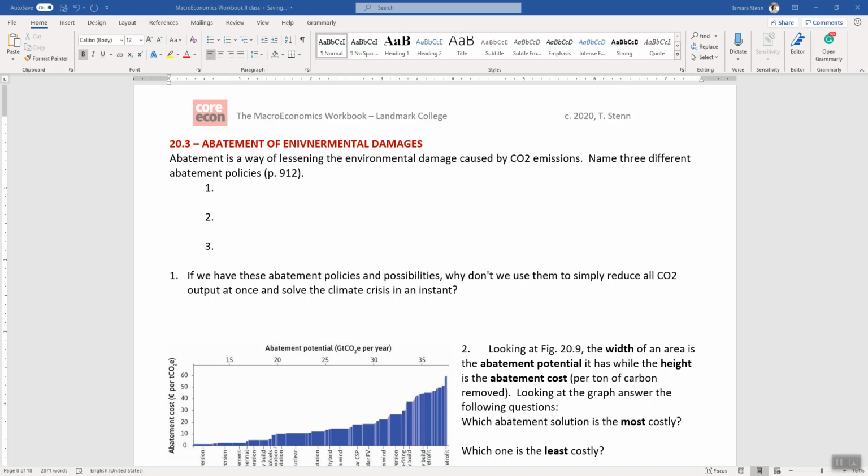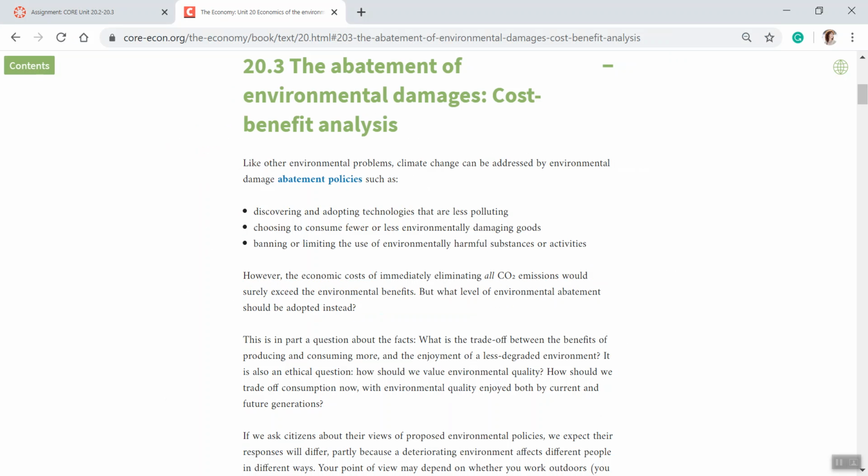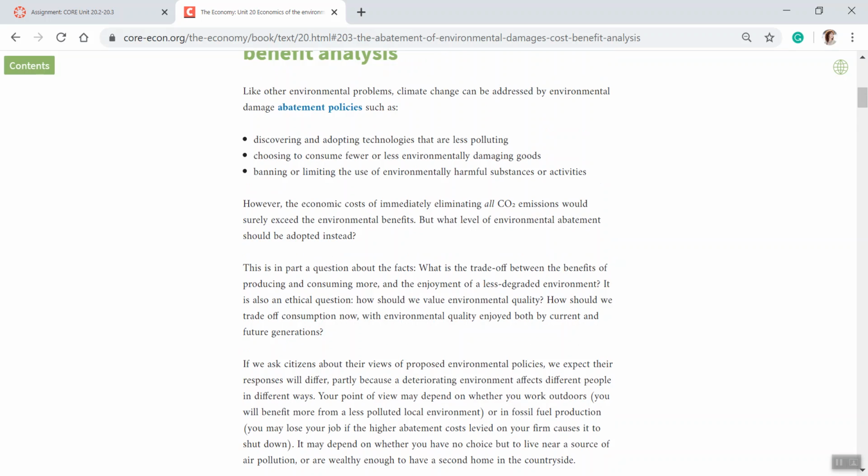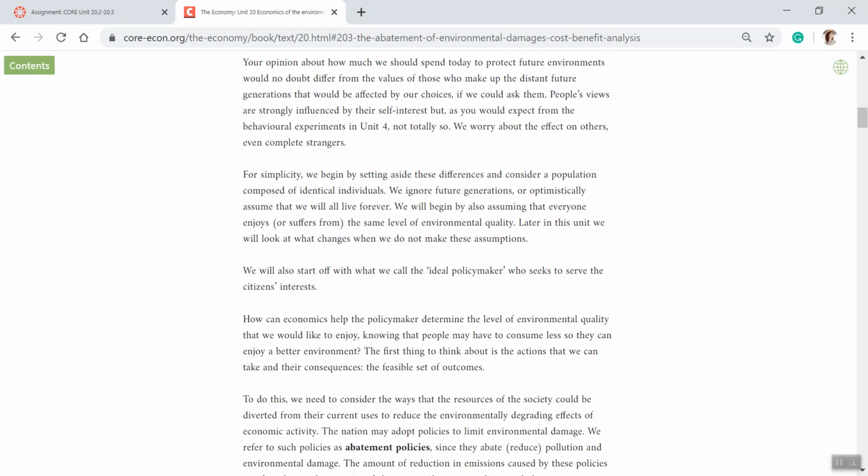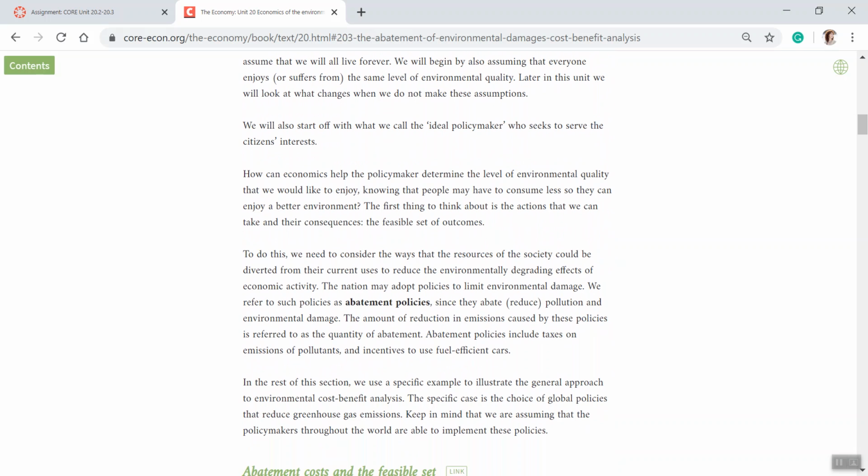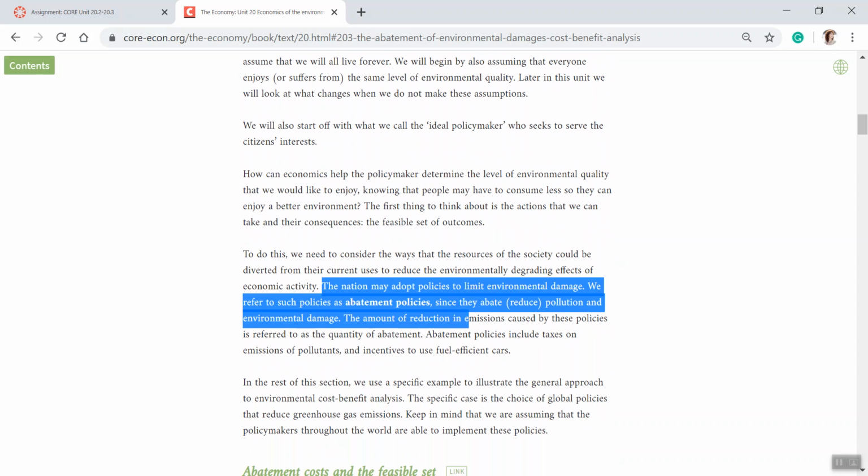We just talked about them. All right, so there we go: technologies, consumption, and limiting activities. Okay, cool. Digging on down here, we have a lot of examples of how abatement policies can be adapted.